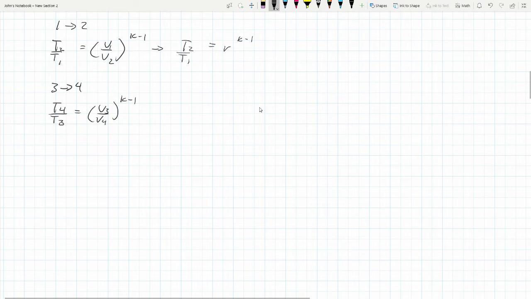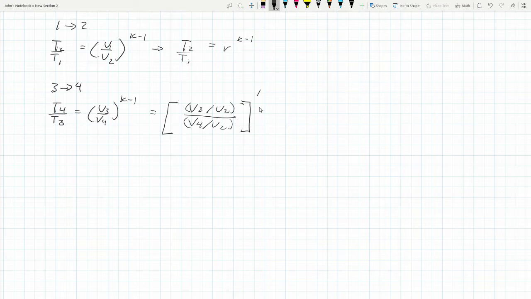So we transform them. This becomes V3 over V2 divided by V4 over V2. Basically just divide top and bottom by V2 to the K minus 1. And if you recall, V4 is equal to V1.